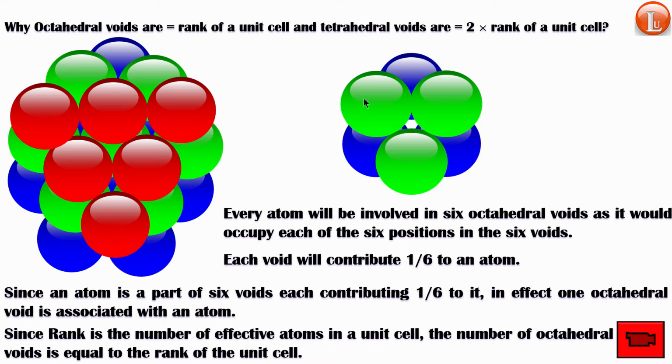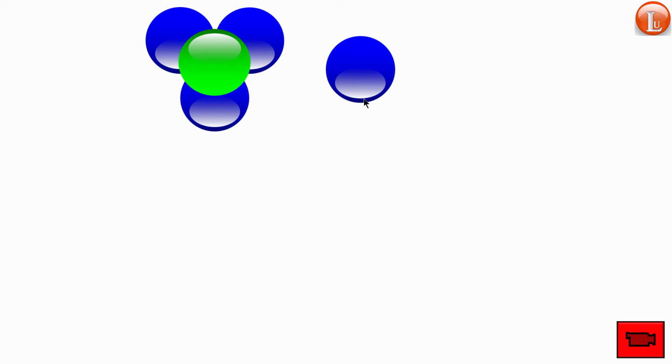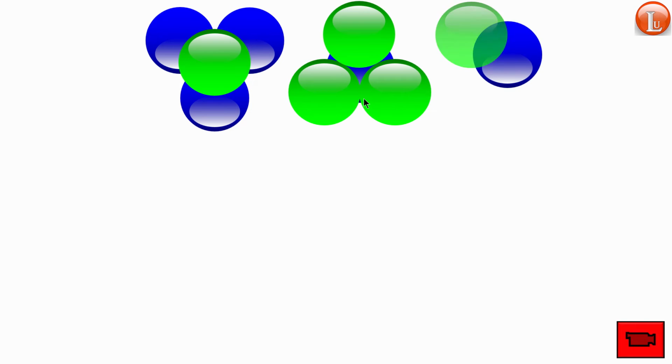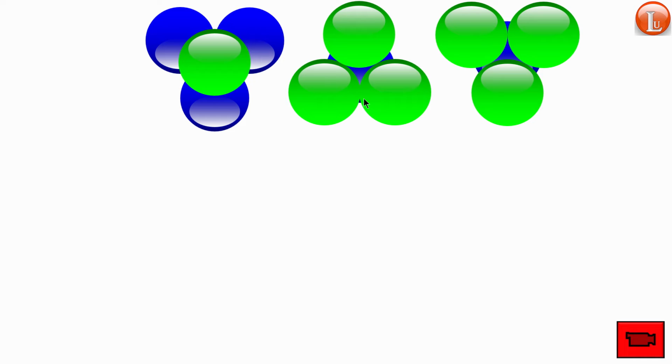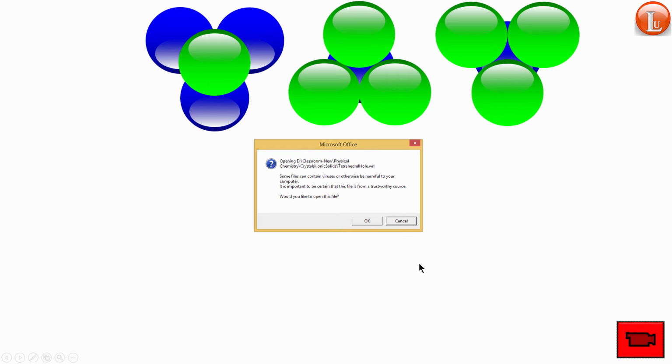Now let's understand why tetrahedral void is twice the rank. Now, tetrahedral voids can be formed from 3 atoms and 1 on top, or 1 at the bottom, 3 on top. Again, they could be in any form. There will be a triangle and 1 atom there. Let me show you that in 3D.